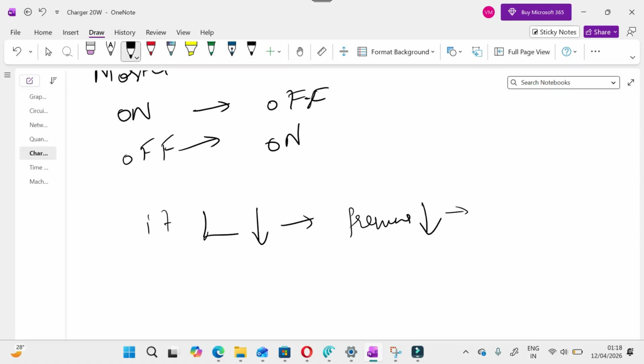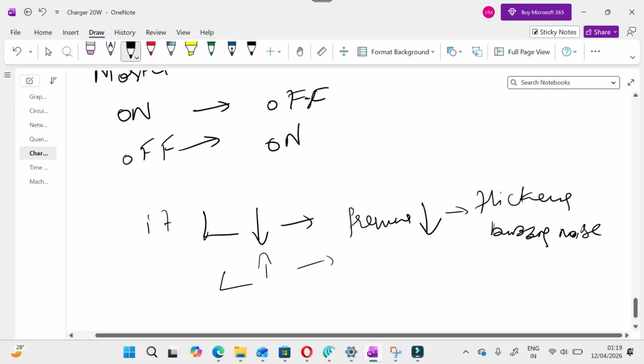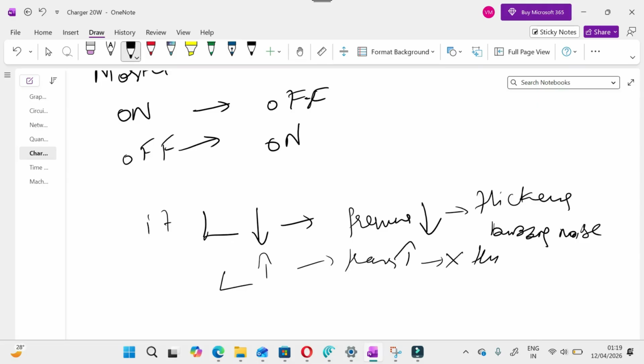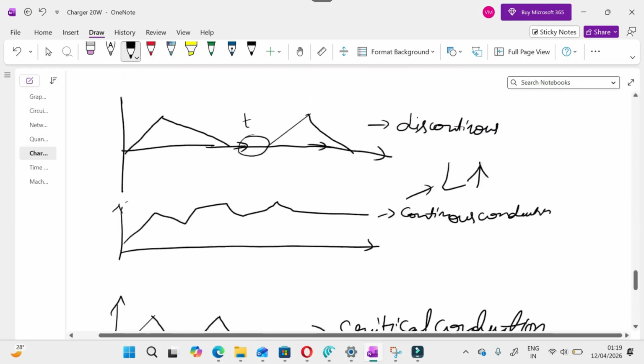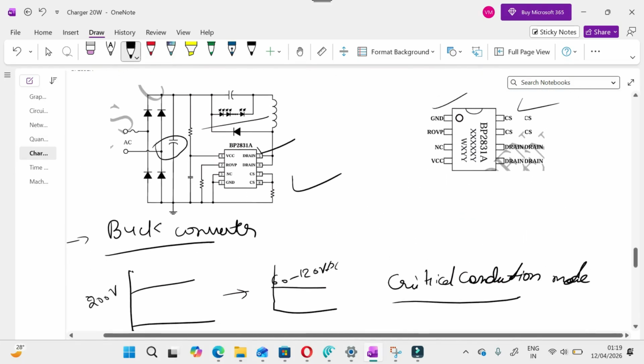That is the reason you will see flickering of the LED bulb, and this can also cause the buzzing noise. So design wise, if a proper inductor value is chosen with a high value, then the frequency will be high, causing no flickering.